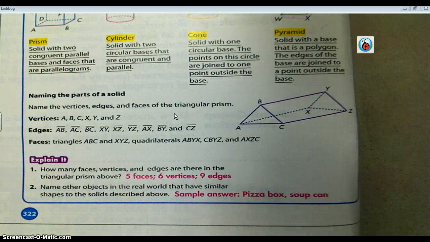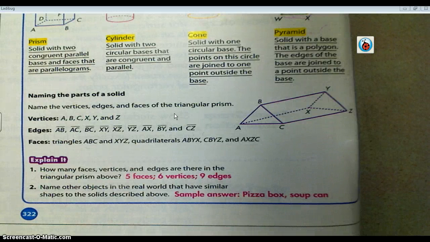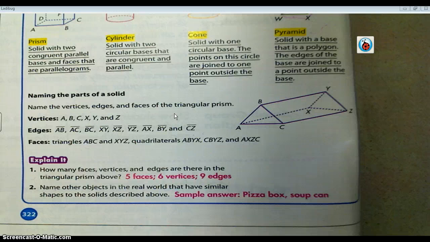When we look at the word vertices, we're talking about a point. Notice they're labeling those vertices with one single letter. So if I say letter A, right there is my vertice. Vertice B is right there. There's no other place that it can be. Where those two lines are meeting, that is a vertice.